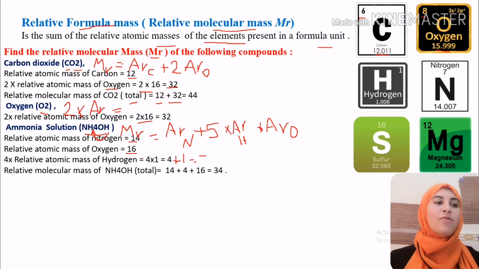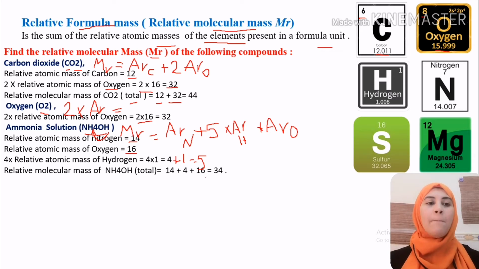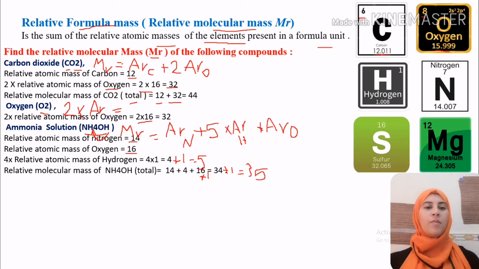So the relative molecular mass of ammonia NH4OH is 14 plus 4 plus 16 plus 1. So it is 34 plus 1 equals 35. So take care, my student. 35 is the relative molecular mass of ammonia solution.